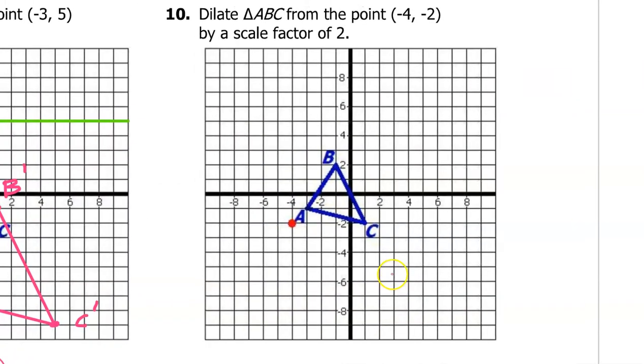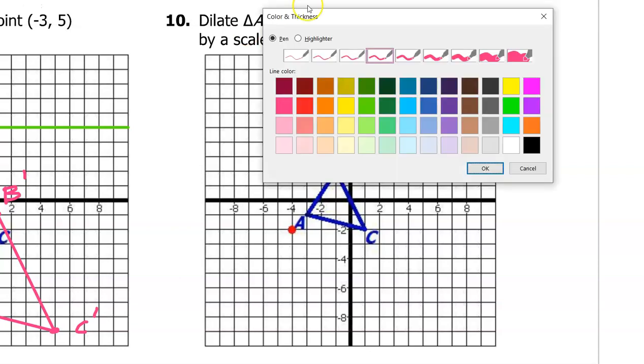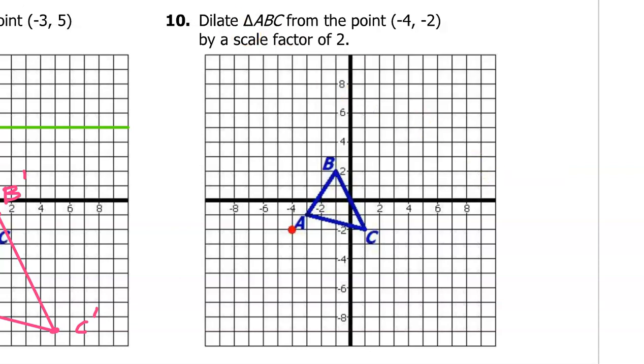All right, in each case, we're going to take this point, the center of dilation, and we will pretend that it is the origin. So this will be my fake x-axis, and here comes my fake y-axis.